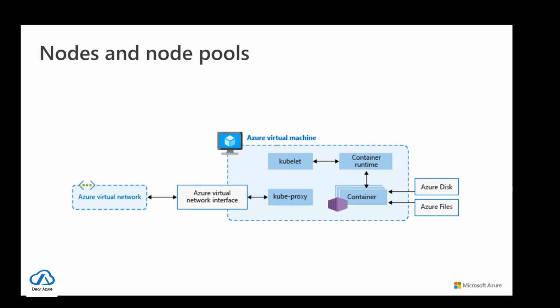And the proxy also routes network traffic, but also manages all the IP addressing for services and pods. So the proxy is really the key component to protect, and we'll see how to do that.